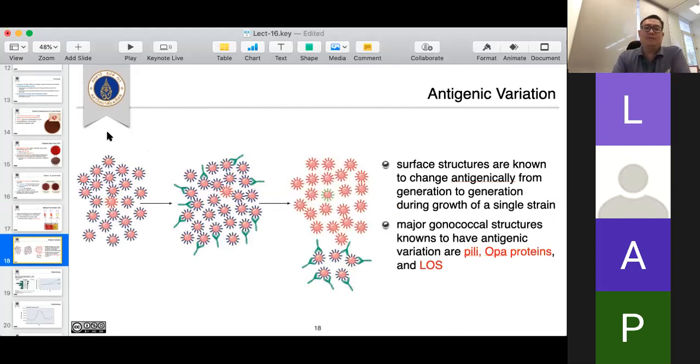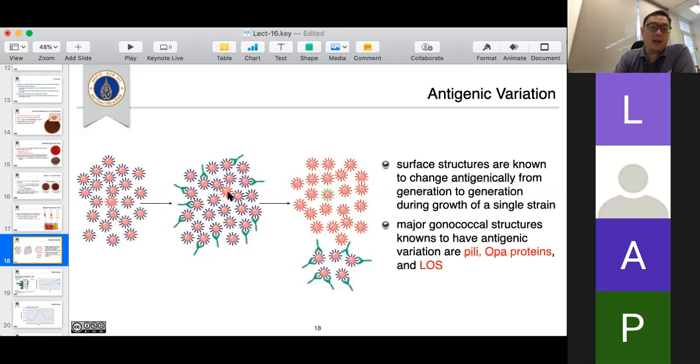In gonorrhoeae, antigenic variation is the same as in meningitidis. When you have a Neisseria population, mostly the surface is covered with, what color? The purple color, and one of them is red. The antibody will react with most of the population, so the purple gets rid off.